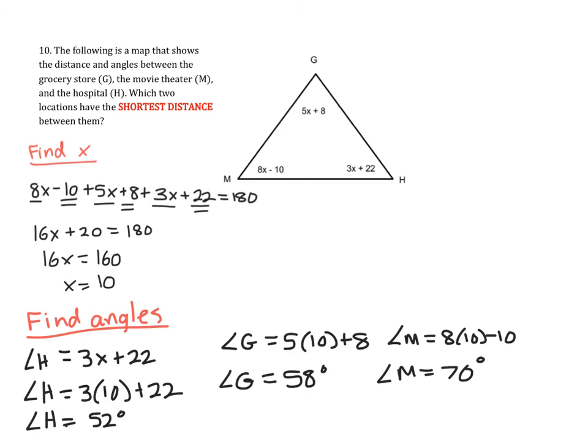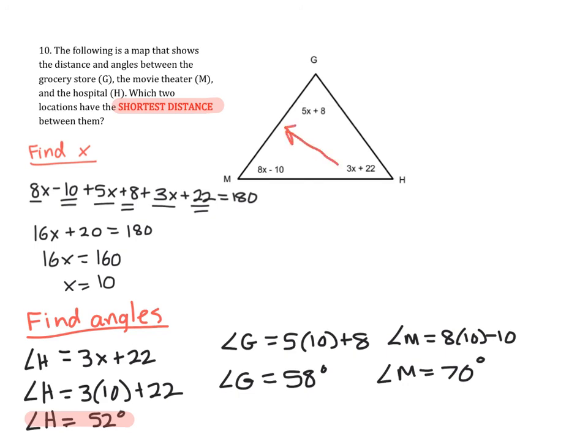So now let's go back and look at what they're asking again. They ask us to find which two locations have the shortest distance. So we're essentially looking for the shortest line segment. And we know that the shortest line segment can be found across from the smallest angle. So I'm going to look at angle H, which is our smallest angle, and then we're going to look across.